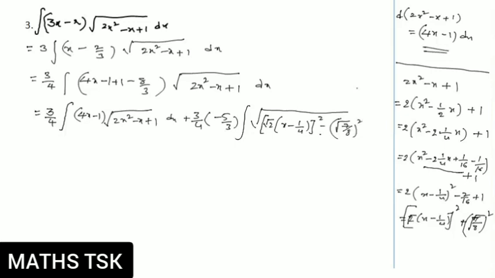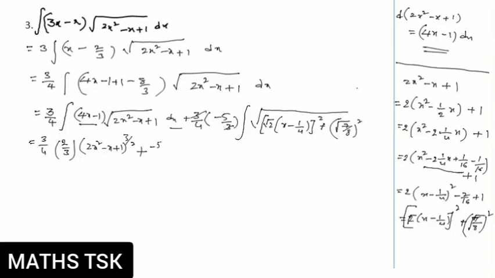This is in the form of x square plus a square. So first, for the first one, I can write the formula. This is f dash of x. Root of f of x into f dash of x is 2 by 3 into f of x to the power of 3 by 2. Okay, first one formula is completed. Next one, 3 gets cancelled.